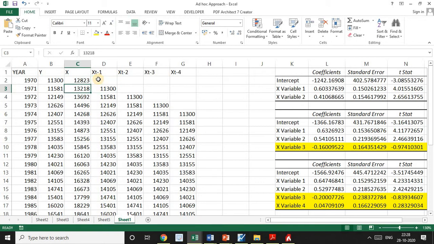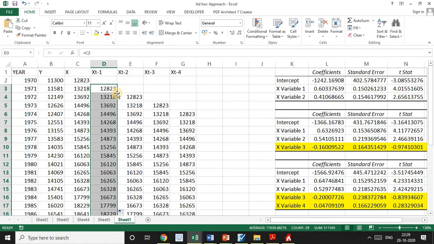But if you look at 13218, its past value is 12823. So xt minus 1 is this data; for this value, the just previous value.